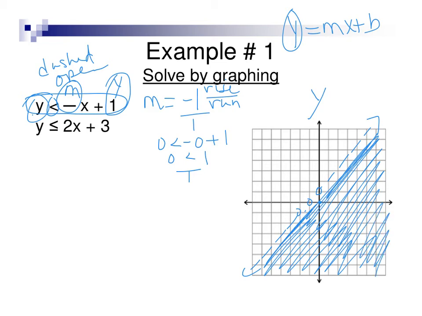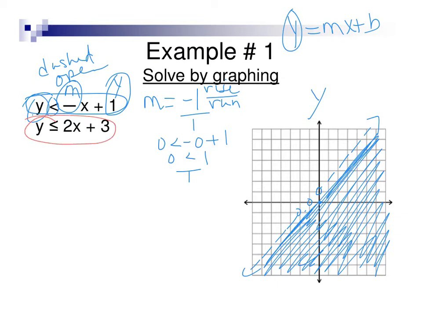And remember, what that shaded area means is any ordered pair I choose in this shaded area will satisfy that inequality. And because I did a dashed line, it means any ordered pair on the dashed line will not satisfy the inequality.